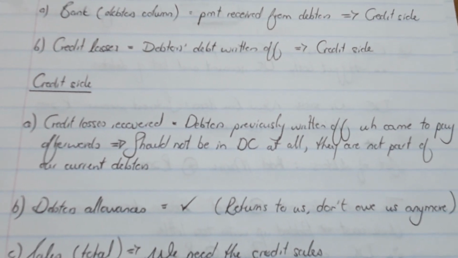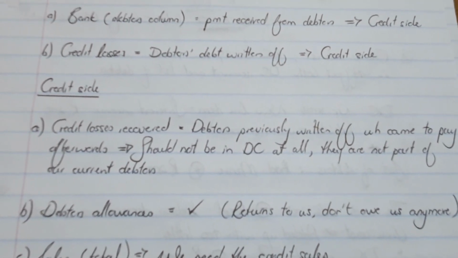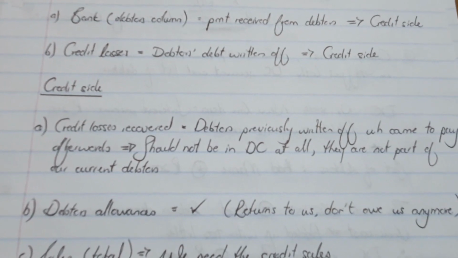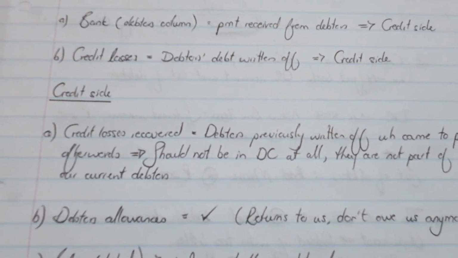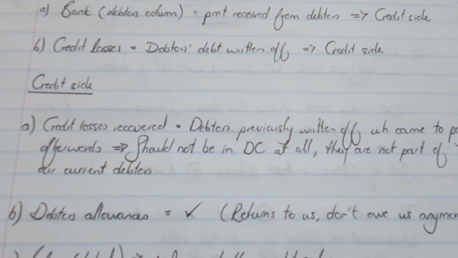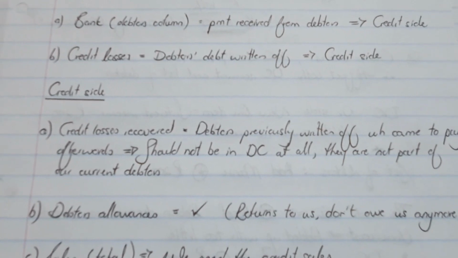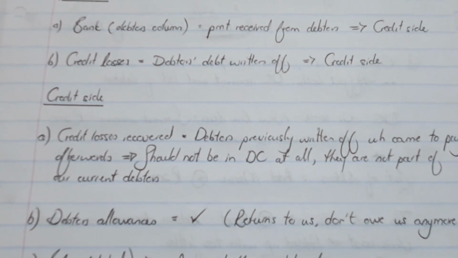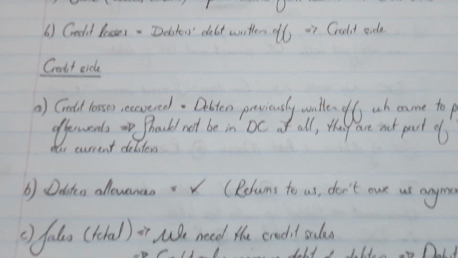So therefore, when we do get a credit loss that is recovered, we usually debit bank and credit losses recovered. Because these guys are not part of the debtors anymore in our books, they should not form part of the debtors control account at all. Therefore, we will not include it in the new reconstruction of the debtors control account.